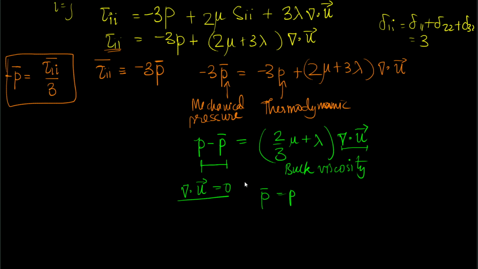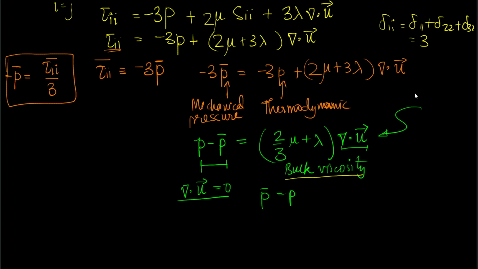When the flow is compressible, this will not be equal to 0, and the deviation between the mechanical pressure and thermodynamic pressure will be manifested through the bulk viscosity multiplying the degree of compressibility of the flow. It is not the compressibility of the fluid, but rather the compressibility of the flow. The more compressible the flow, the more important this bulk viscosity will be in the calculations.